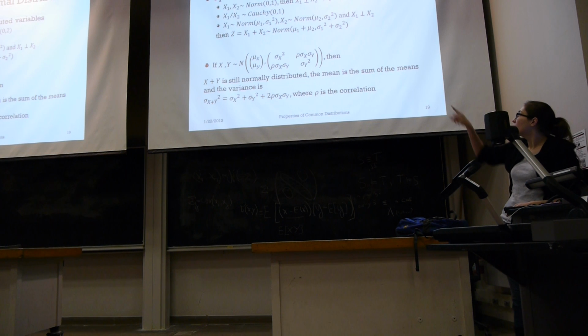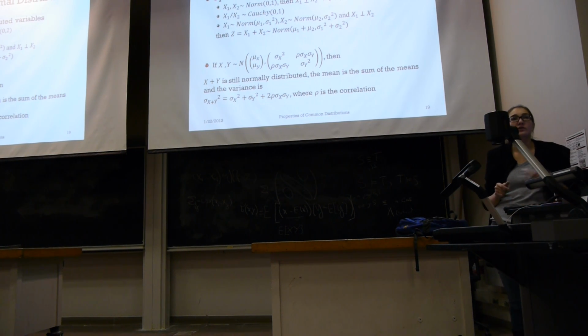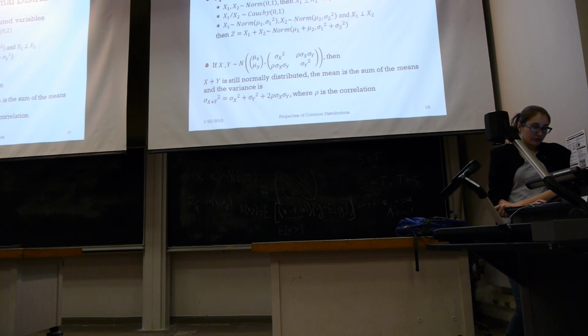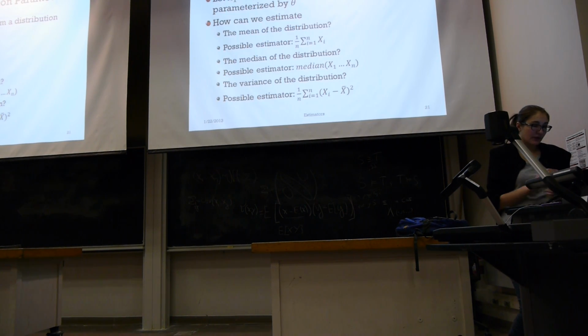You'll also have to add the covariance: the variance of each of the two variables plus 2 times the covariance between them. Okay, so far, any questions? Okay, we can continue.